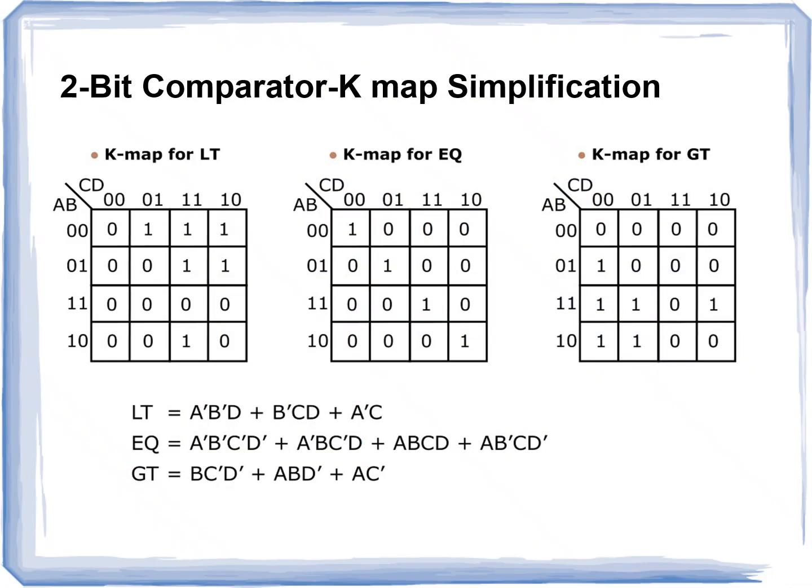Then the K-map simplification for the 2-bit magnitude comparator. We are going to compare the values: K-map for less than, K-map for equal, then K-map for greater than. We put the values in the K-map, and the simplified expressions are given in the diagram.